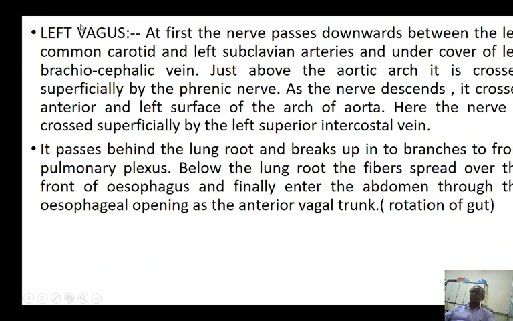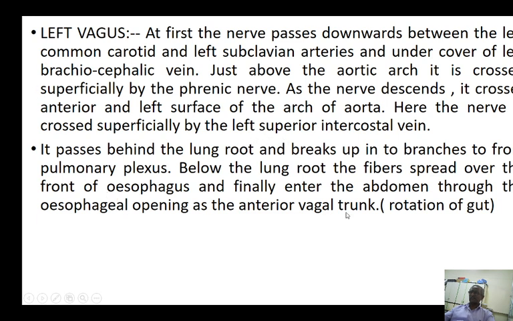Left vagus. At first, the nerve passes downwards between the left common carotid and left subclavian arteries under cover of the left brachiocephalic vein. Just above the aortic arch, it is crossed superficially by the phrenic nerve. As the nerve descends, it crosses the anterior and left surface of the arch of the aorta, where it is crossed superficially by the left superior intercostal vein.